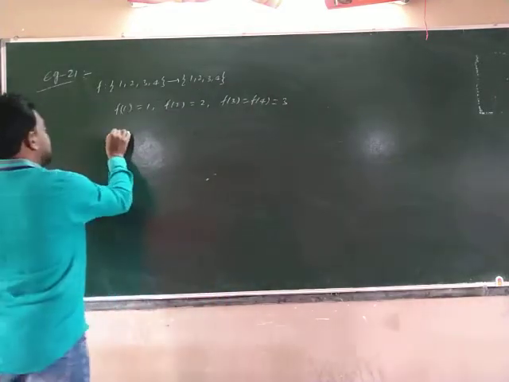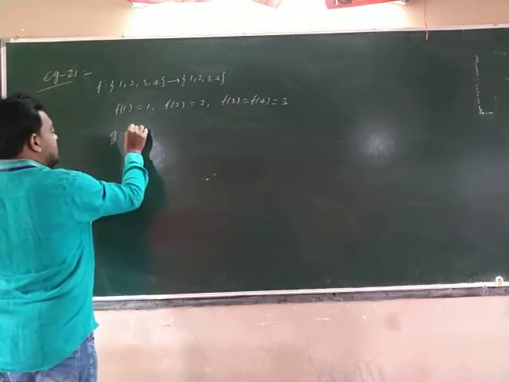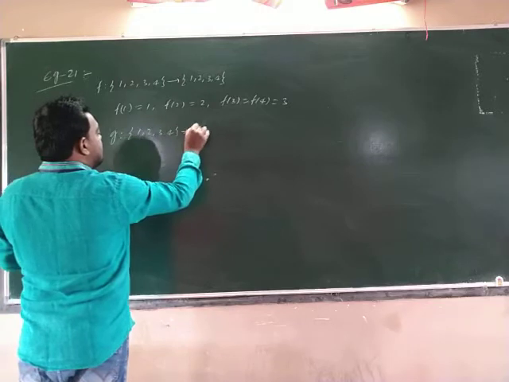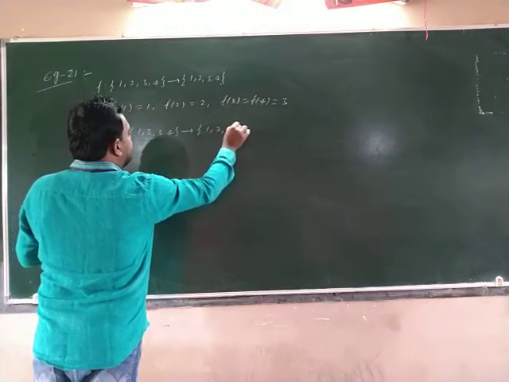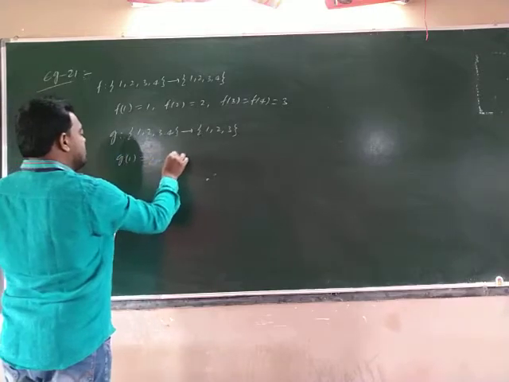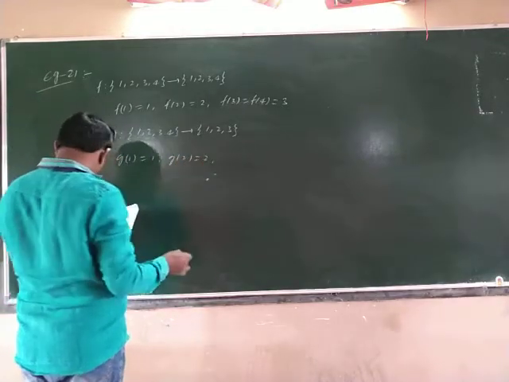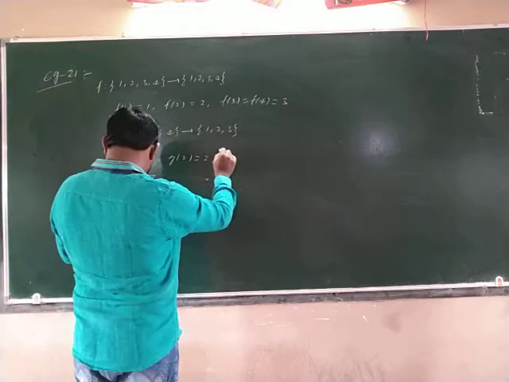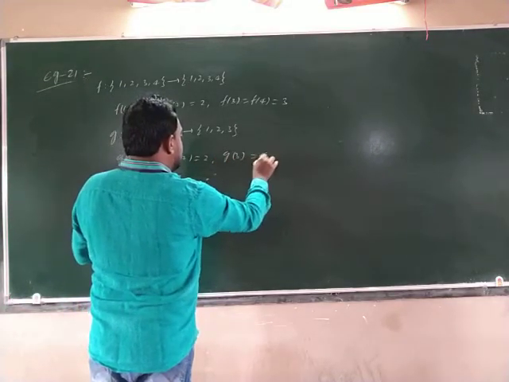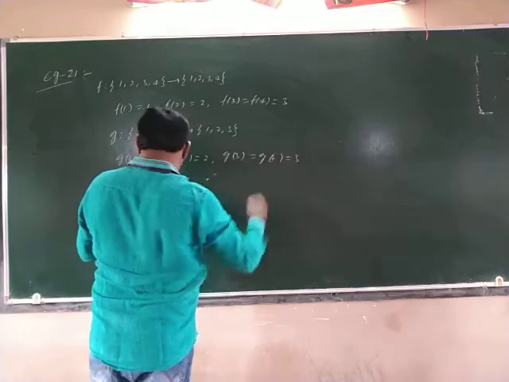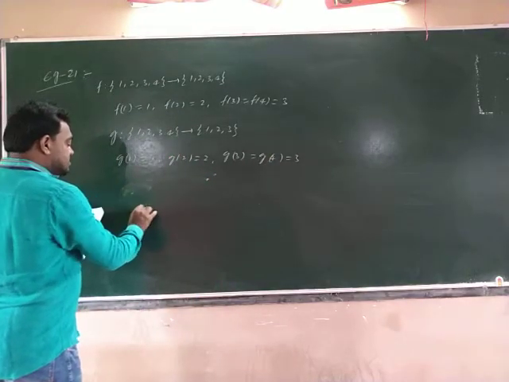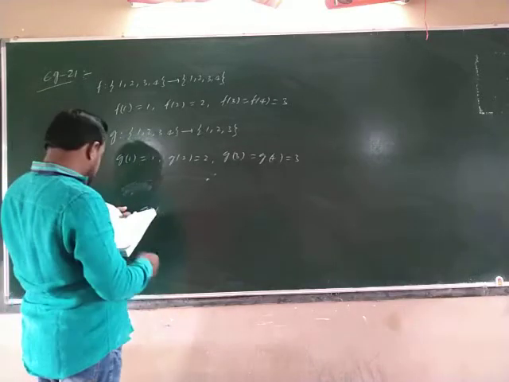And I am defining one more function G, from the set {1, 2, 3, 4} to the set {1, 2, 3}, defined as G(1) = 1, G(2) = 2, G(3) = G(4) = 3.